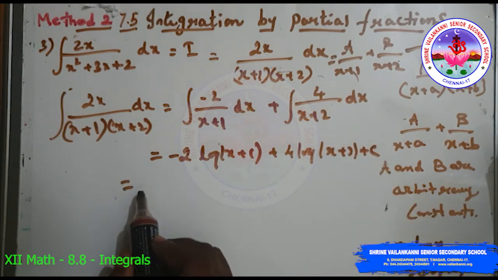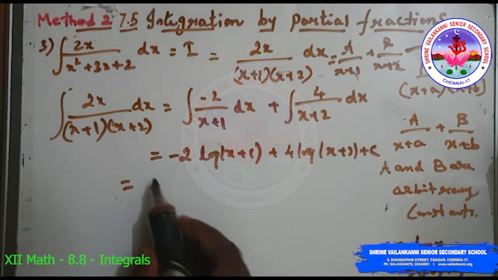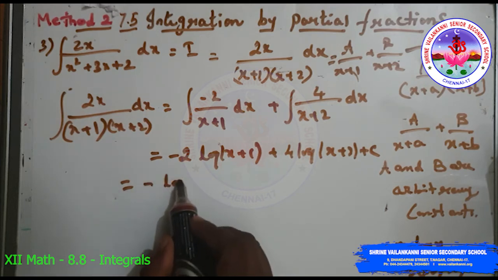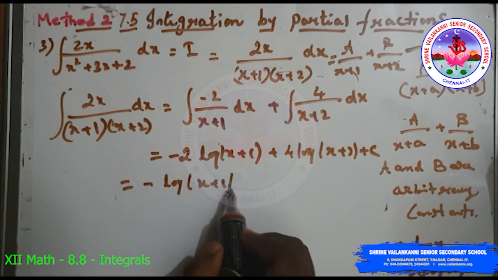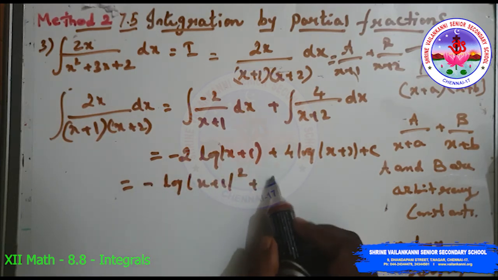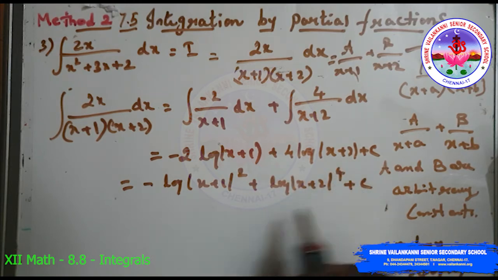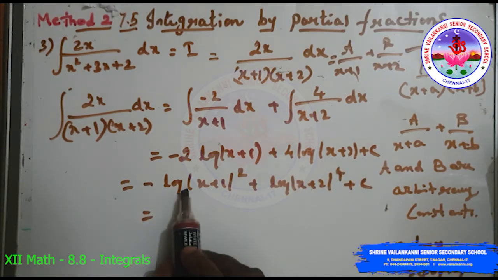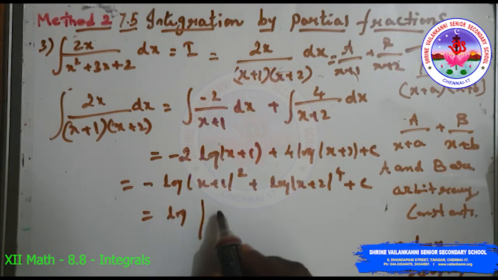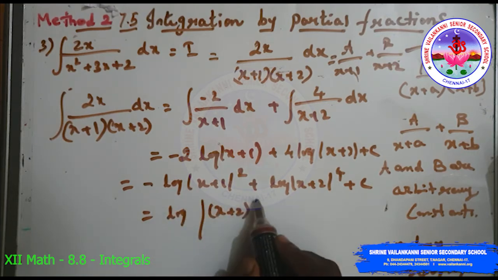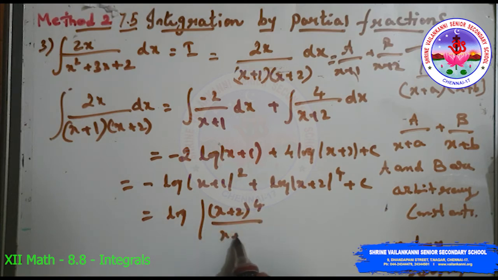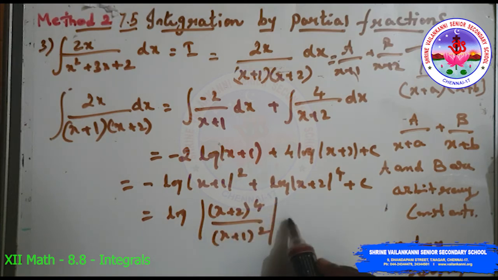Which is equal to minus log of (x plus 1) power 2 plus log of (x plus 2) power 4 plus c. Log x minus log y is log x by y, so I'm writing this as log of (x plus 2) whole power 4 by (x plus 1) whole power 2 plus c.